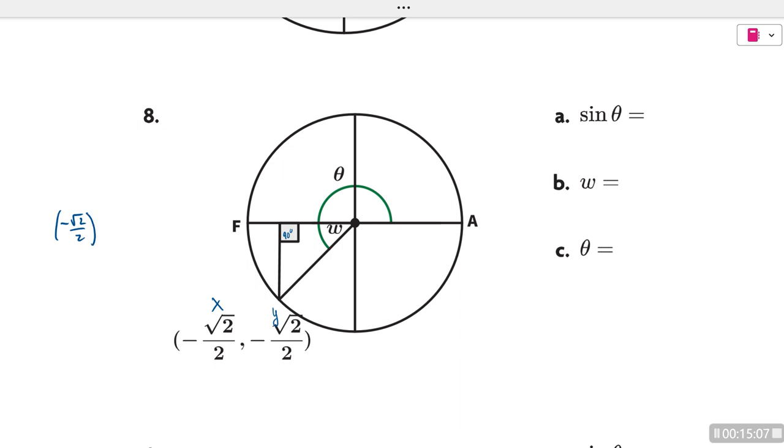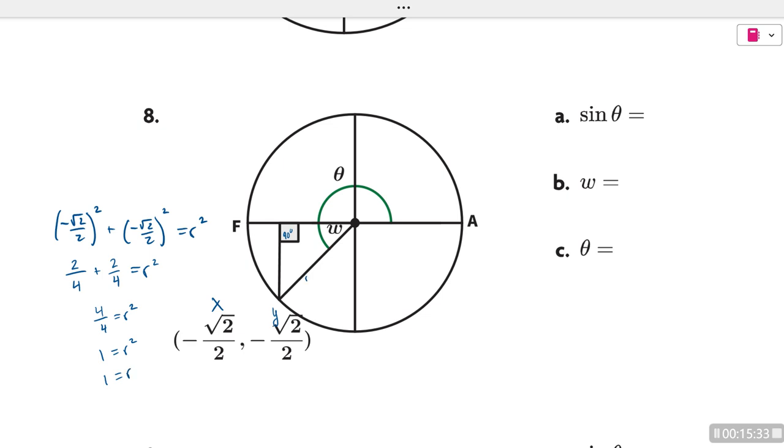Negative square root 2 over 2 squared plus negative square root 2 over 2 squared equals r squared. Well, square root 2 squared is just 2, and 2 squared is 4. So we get 2/4 plus 2/4 equals r squared. Well, 2/4 plus 2/4 is 4/4, or just 1. And the square root of 1 is 1.